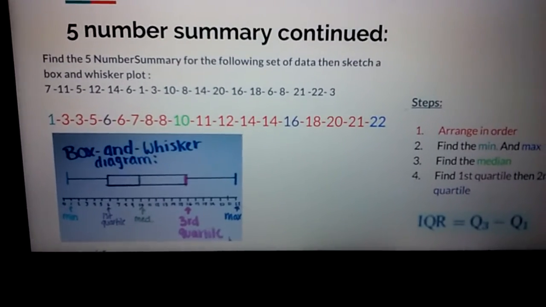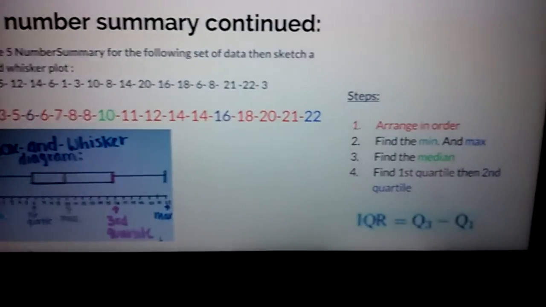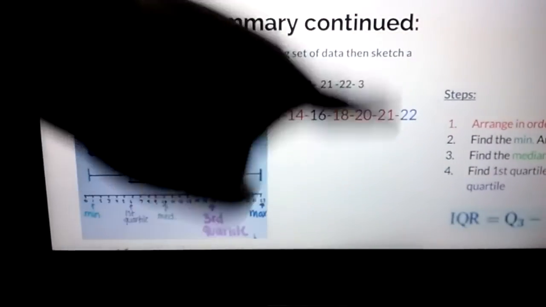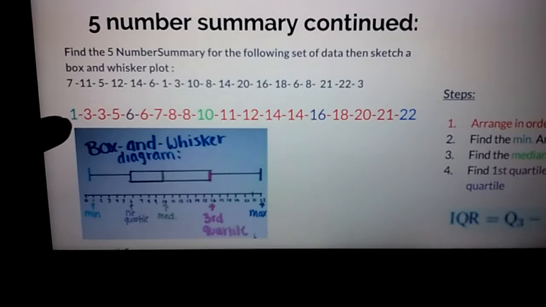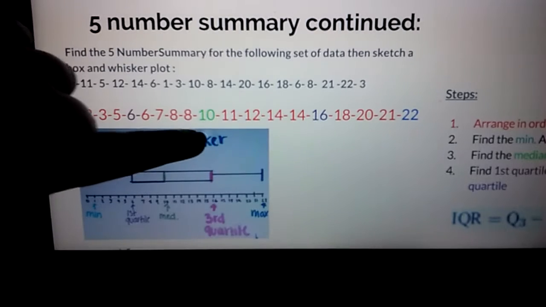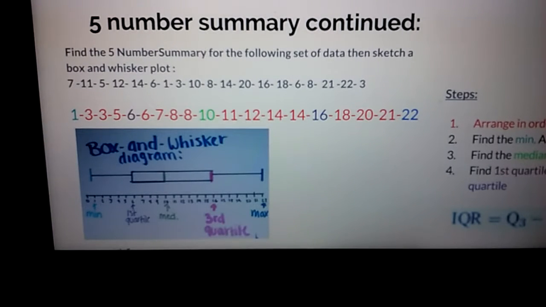Then you need to find, the easiest thing to do next is to find the minimum and the maximum, which as you can see there is 1 and 22 demonstrated in the light blue and the dark blue. And then find the median, which is 10 demonstrated in the green.